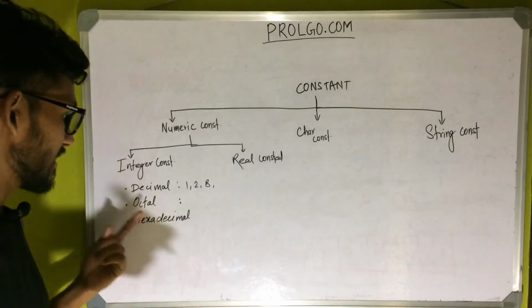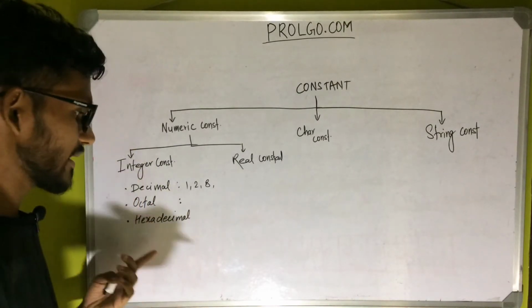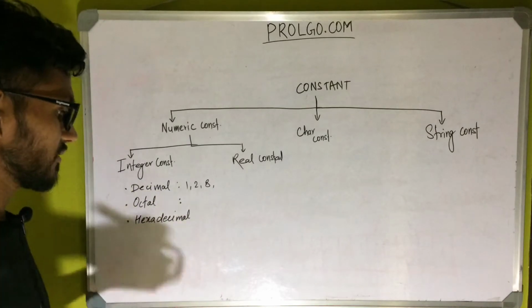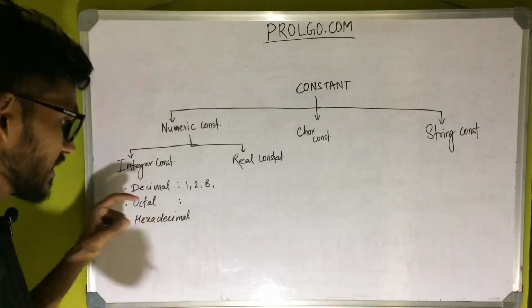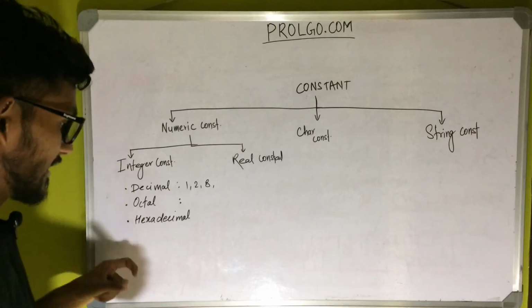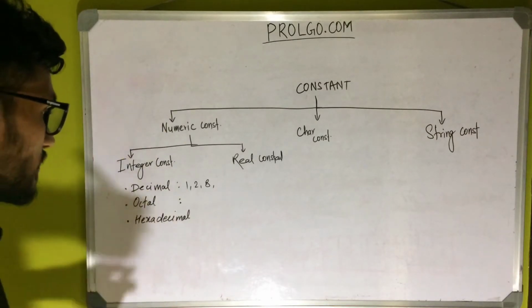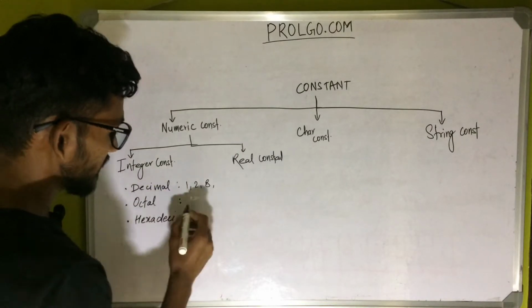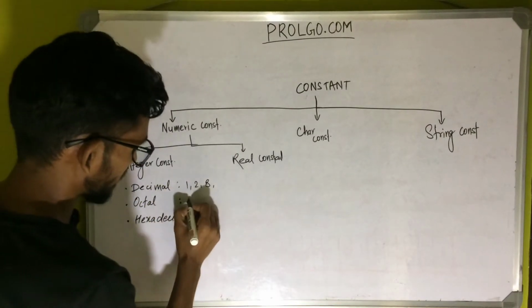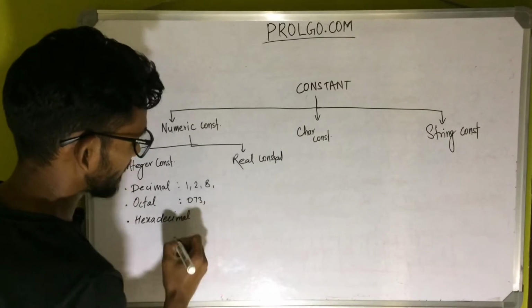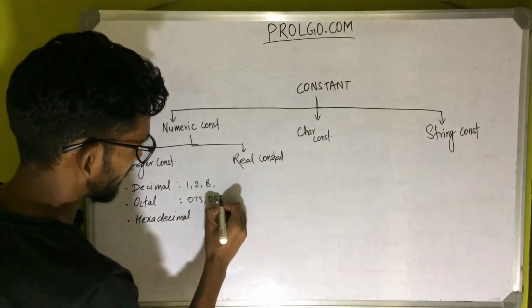If you are familiar with the different number types, then that's fine. Otherwise you can watch the suggested video in which I have explained the different number types and how to convert from one number type to another. So these are octal, and it will look like 0, 7, 3, 0, 5, 4.